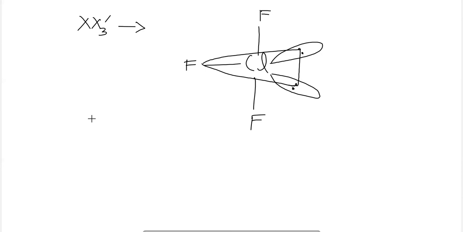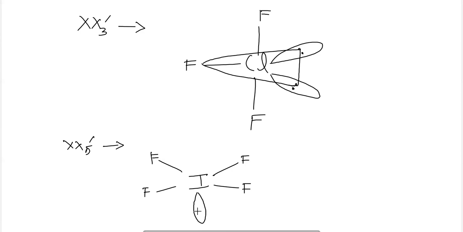Next is XX'5; taking IF5 as an example, four fluorine atoms form a square, with one lone pair at the bottom and one fluorine at the top. So they will have a square pyramidal structure.